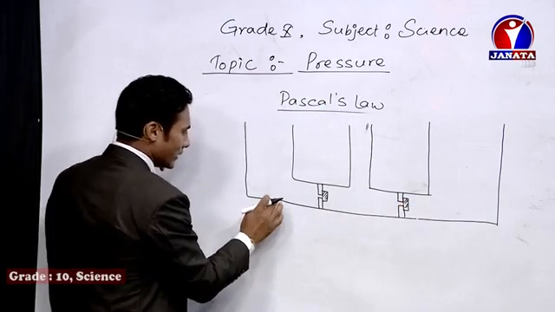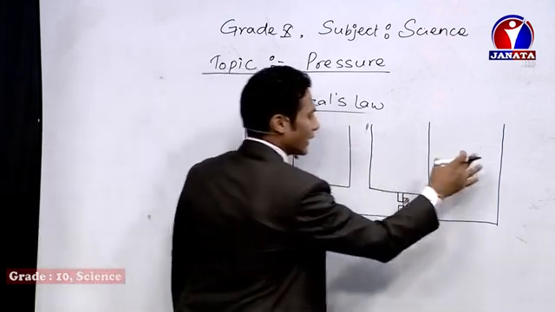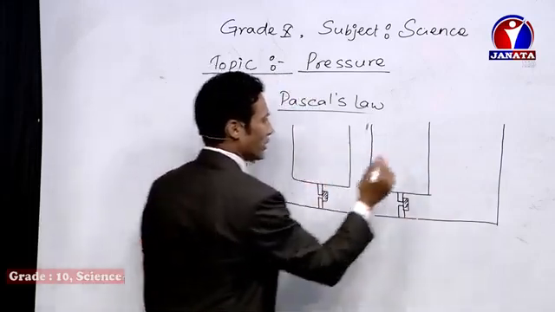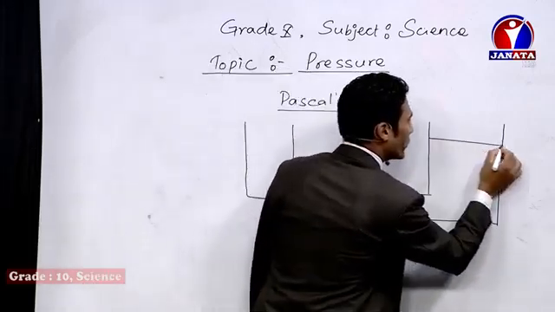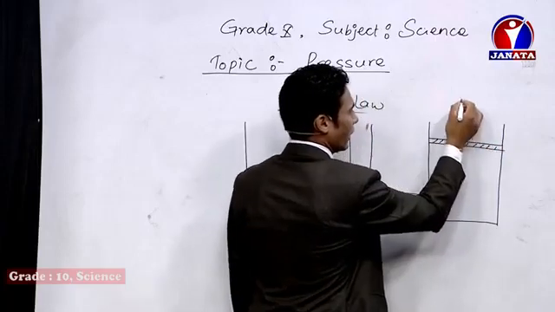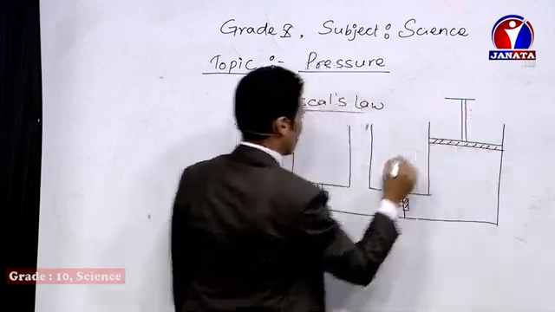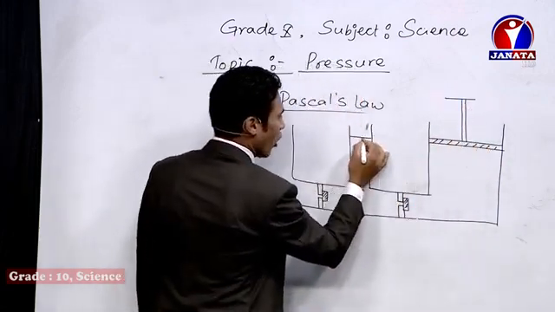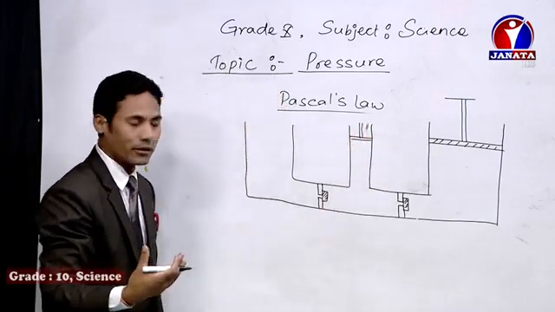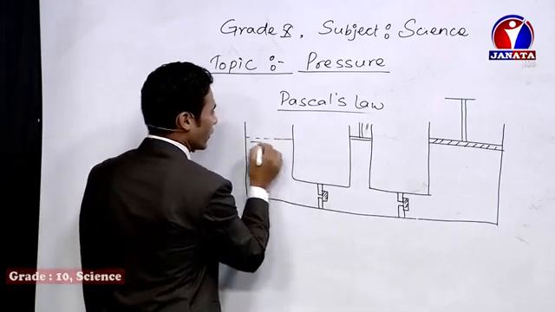This cylinder is called the reservoir, and this one is the large piston, and this one is the small piston. I will put the piston here. The larger cylinder is where the load can be lifted up, and this is the small piston, where we apply a small amount of force. This one is the reservoir.